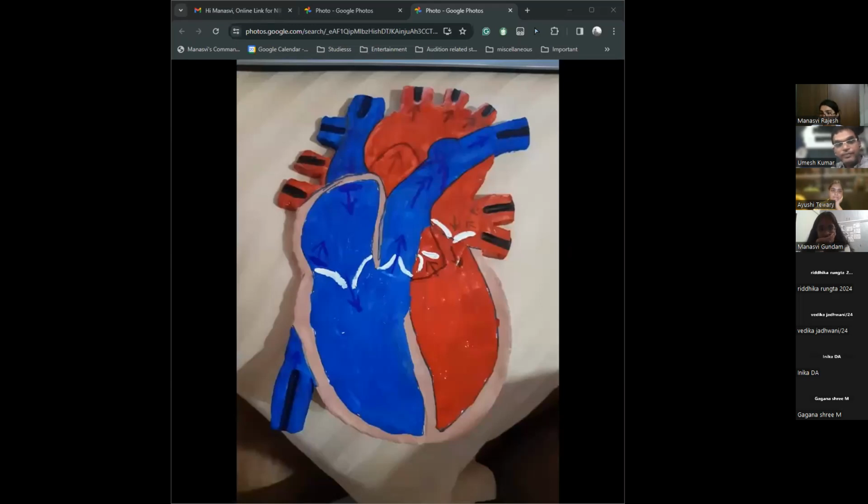Yeah. For me, this one is a little bit close, because someone told us that you're supposed to represent something that makes you you and also makes you similar to others. So another thing I remembered was our heart. I used air drying clay.